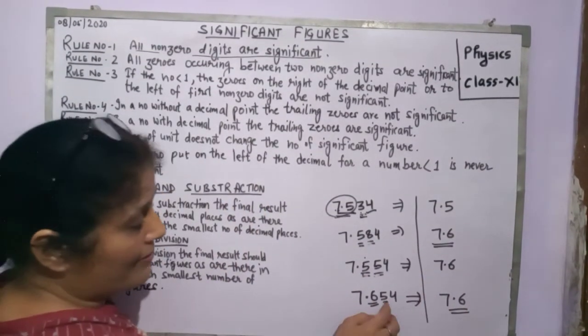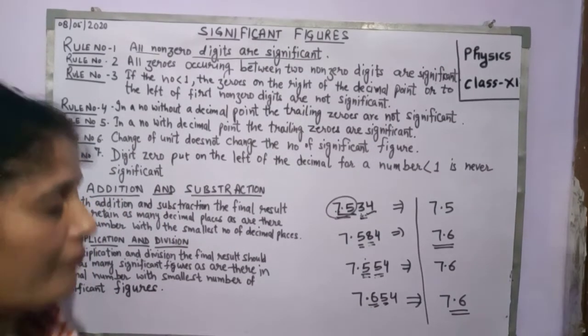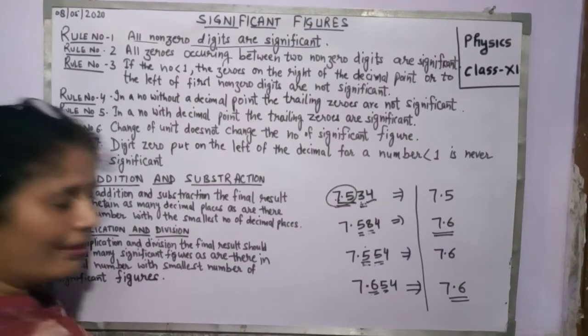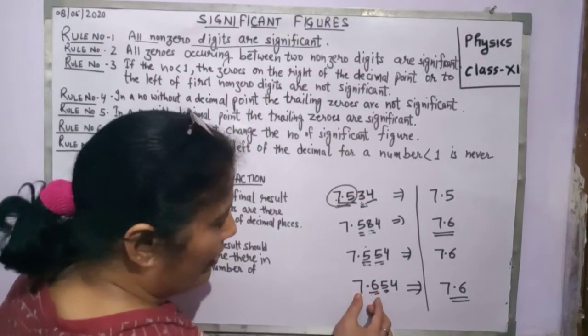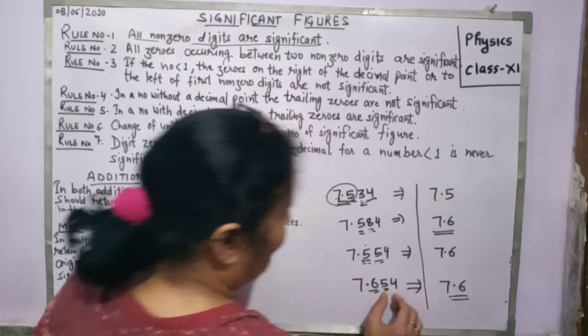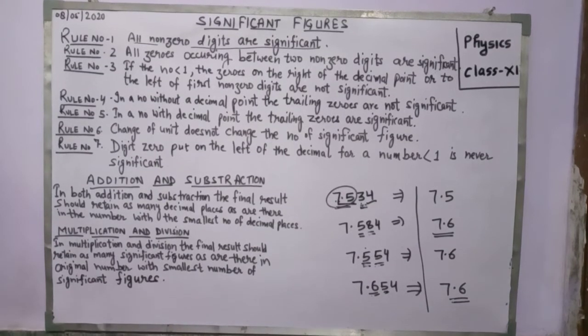If the preceding number is even, suppose 0, 2, 4, 6, 8, then the number remains the same as the first 2 significant figures, and the last 2 numbers can be omitted. These are the rules for rounding off a number.